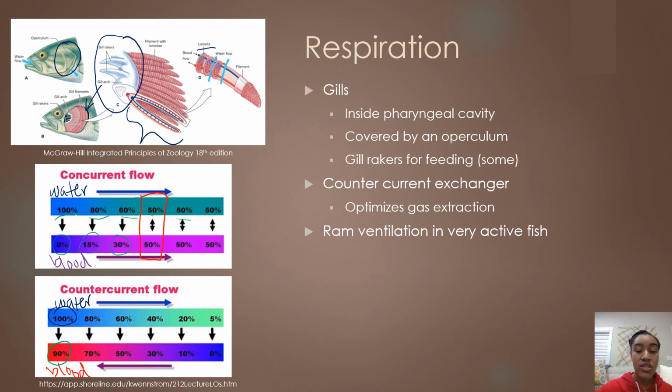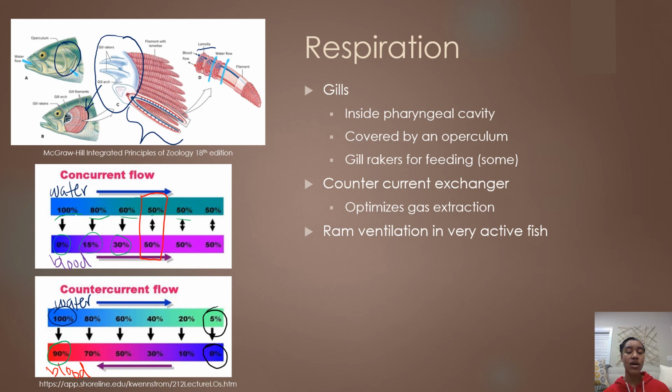Same thing when you go on to the opposite end. If we have 5% saturation of oxygen in the water, we have 0% saturation in the blood, we're still going to be pulling oxygen from the water because oxygen wants to go from a high concentration to a low concentration. So this is why they have a counter-current exchanger system rather than a concurrent exchanger system.